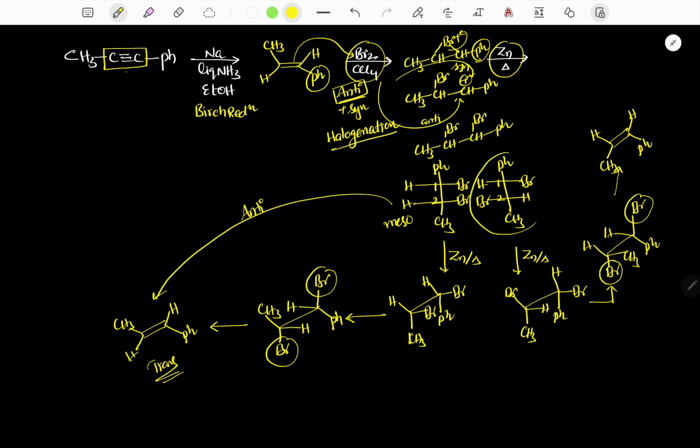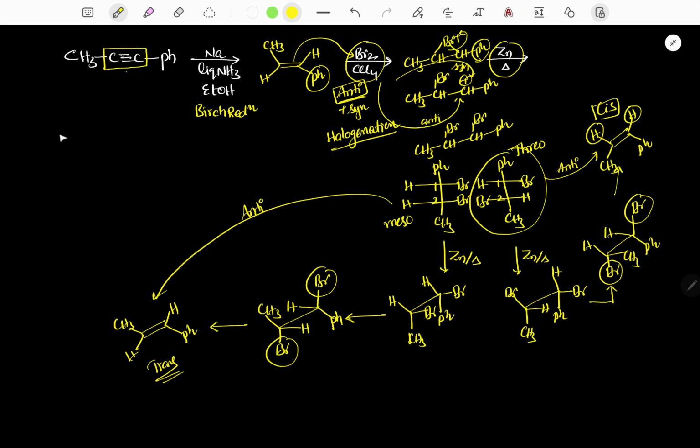So here it is a racemic type of compound, or simply you can say threo type of compound. It is a threo type of compound. So threo type of compound, anti-elimination, we got the cis isomer.